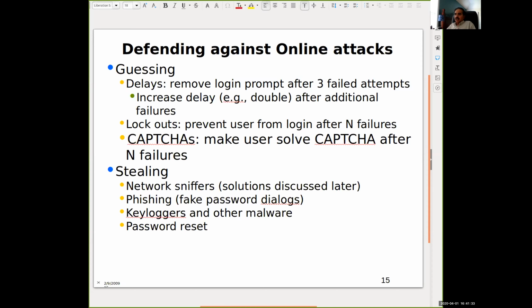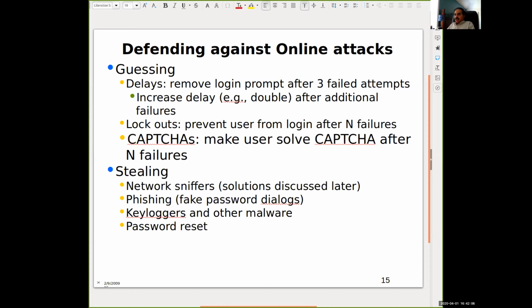Another possibility is to present the users with captchas, which make sure that at least it's not some automated system that's trying to guess passwords, because if it's an automated system, it can try many, many times. It's not going to get tired. So captchas are helpful there. So these are some ways to make online attacks difficult.